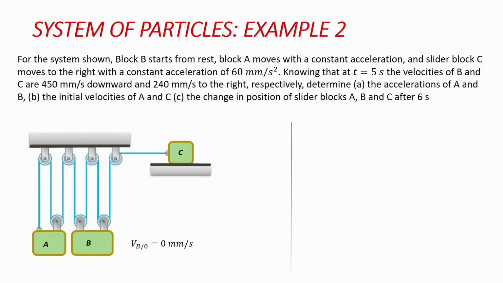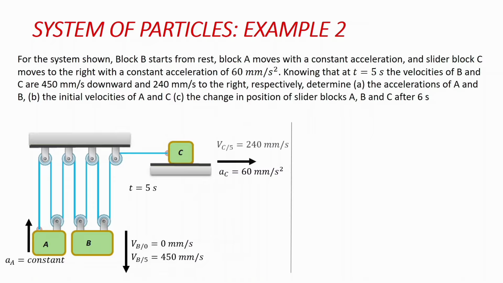And we're told that slider C, that's block C, moves to the right with a constant acceleration of 60 millimeters per second squared. Then we're told that when time is 5 seconds, the velocity of B and that of C are 450 millimeters per second and 240 millimeters per second respectively.